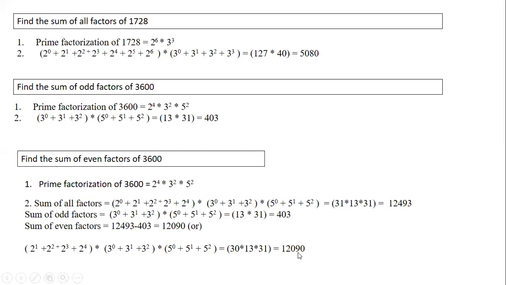Alternatively, even though it is a longer way, I'll say the other way also. The sum of all factors we will find like the previous one: 2 power 0 plus 2 power 1 plus 2 square plus 2 cube plus 2 power 4, which is 31, into 13 into 31, we'll get 12493.